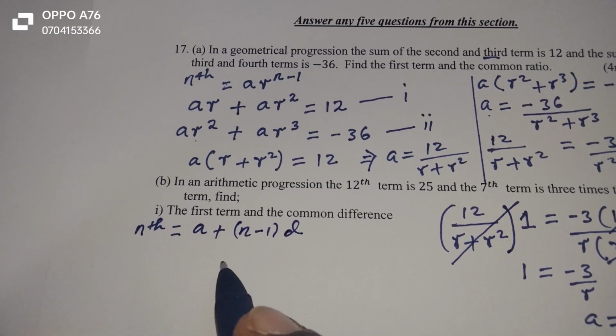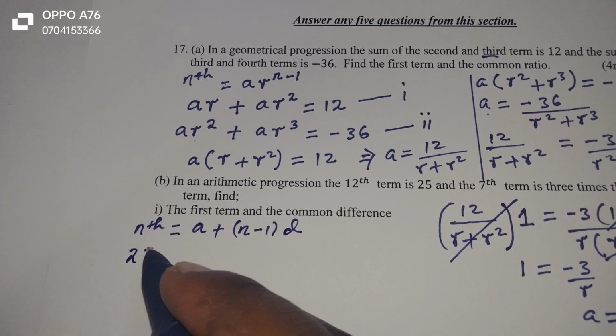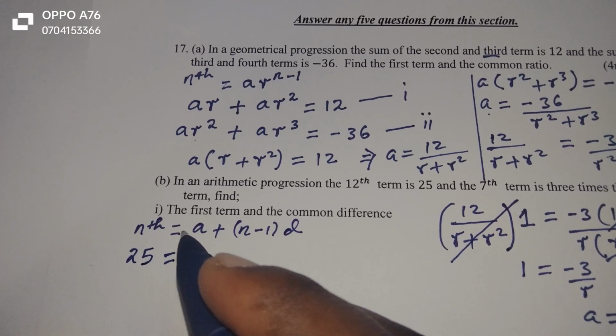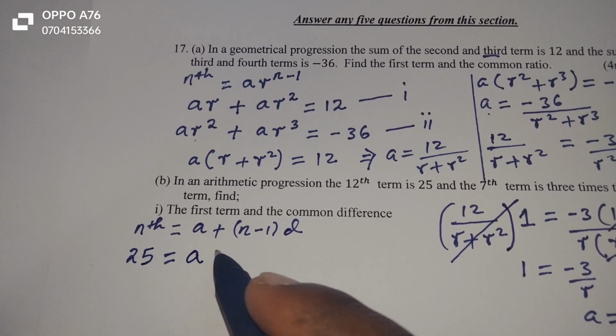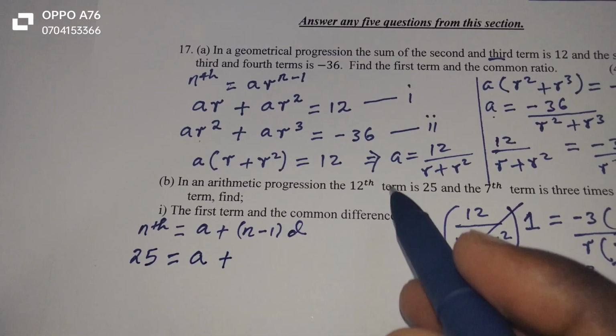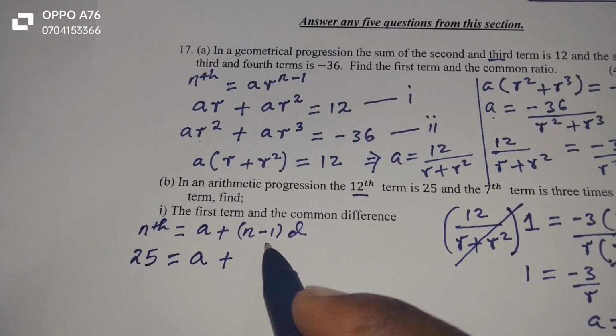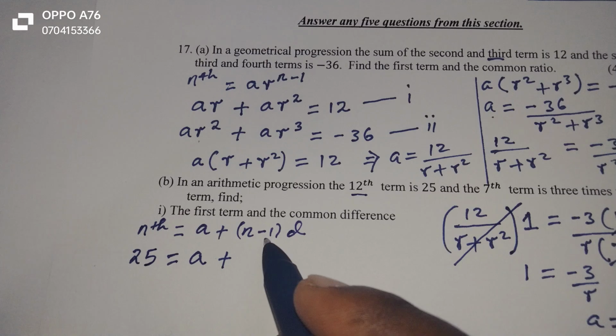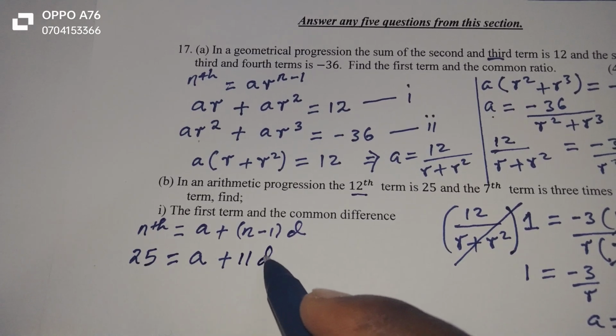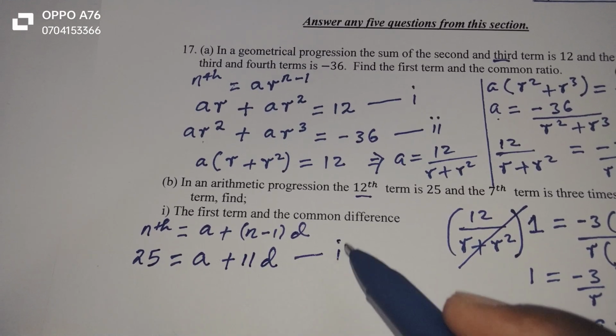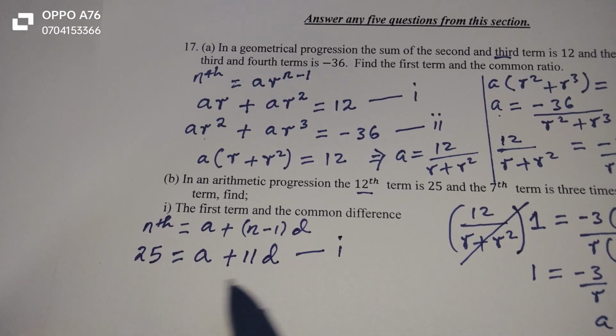And that means the 12th term, which is 25, is given by A plus, because it is the 12th term, we need 12 minus 1, which is 11, multiplied by D. This is the first equation in this part. We proceed.